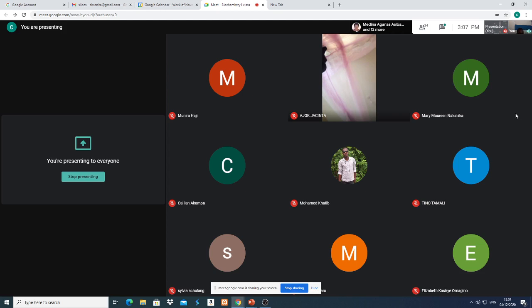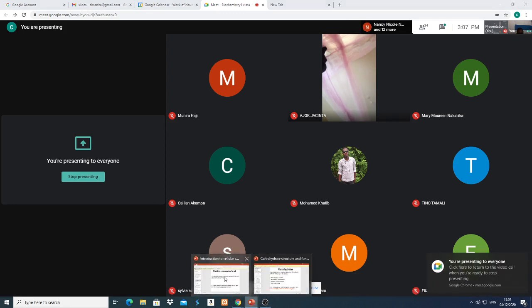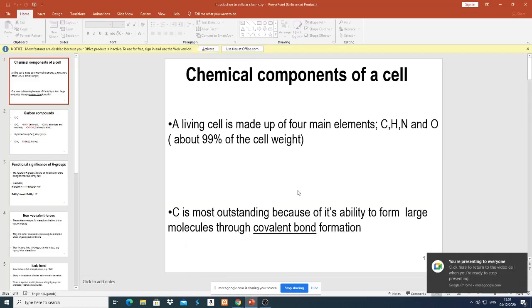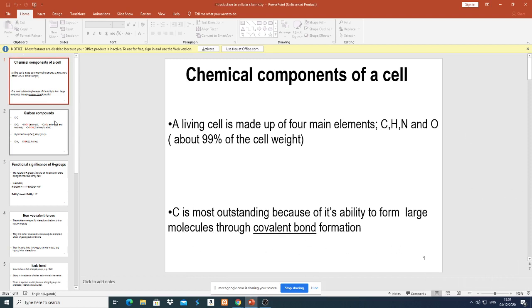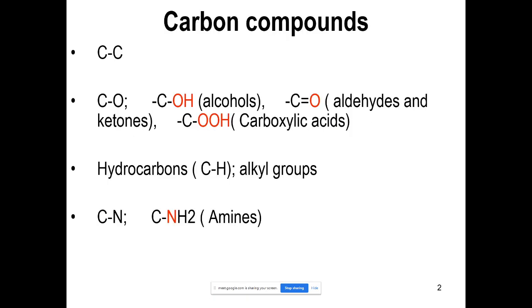Now, I want to point out something. I am getting back to the slide now. Carbon, because of its ability to form bonds within itself, but also with other elements, is able to form numerous organic compounds.